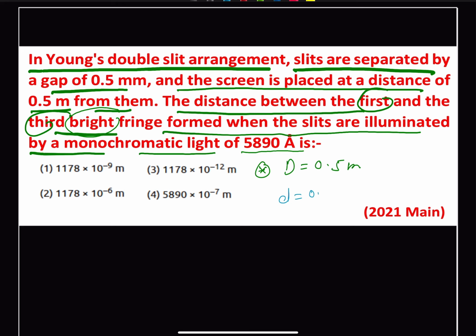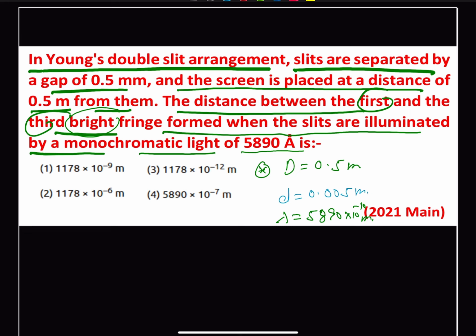So we can write this as 0.0005 meters. Lambda is also given to us, that the wavelength is 5890 into 10 to the power minus 10 meters. And the distance between the first and third bright fringe we have to find out.